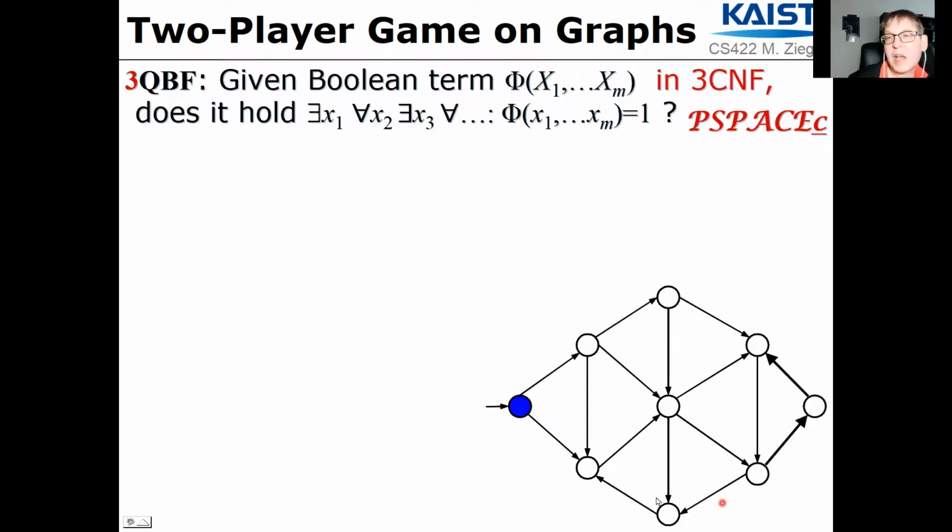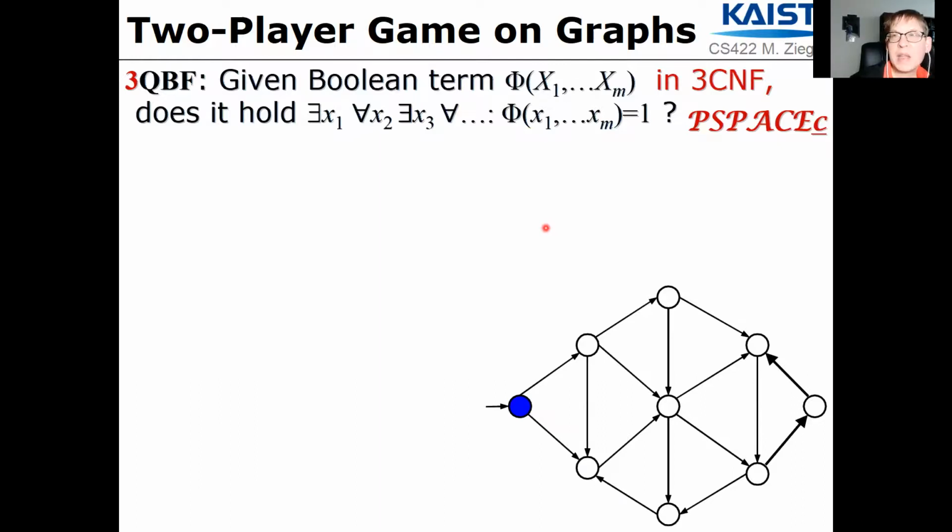It may have cycles, it doesn't even need to be connected, but it has one designated vertex, the start vertex. The game is the following. We have two players. One has blue pebbles or markers, and the other player has red pebbles or markers. Initially, the graph is empty except for the designated start vertex, where a blue pebble is placed.